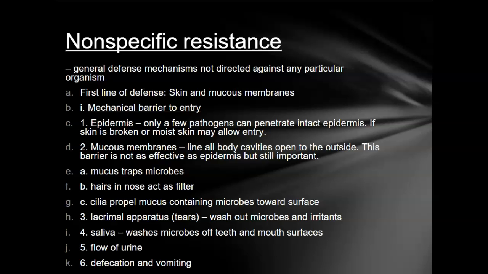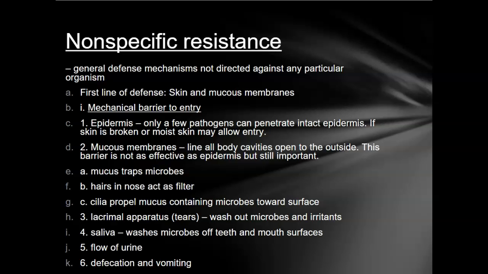And then your mucous membranes. If you go inside your body cavities, if you can put your finger on it, it's a mucous membrane. Any body cavity, all body cavities open to the outside. It is not keratinized, so it's not as effective a layer as your epidermis, which does have that waxy protein, keratin, in it, but it does help.